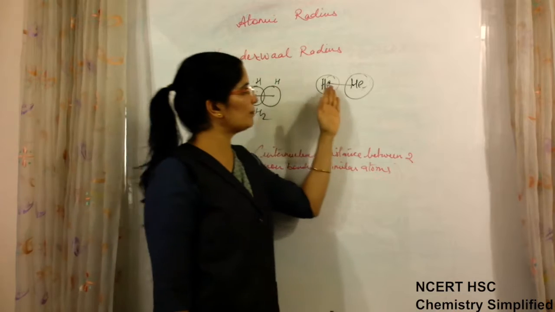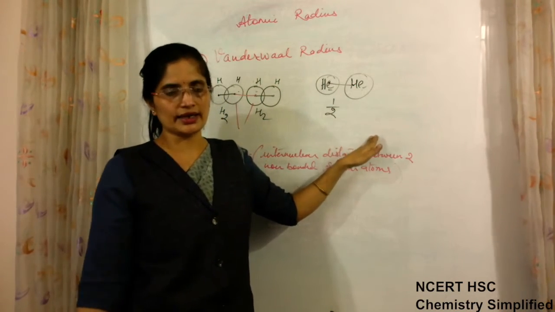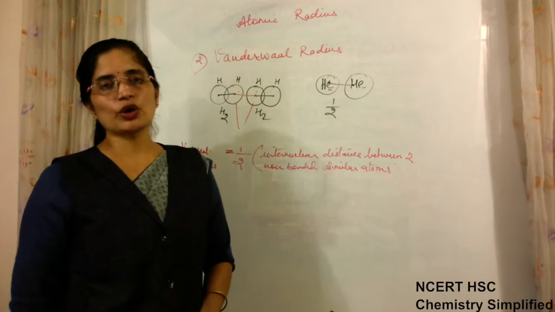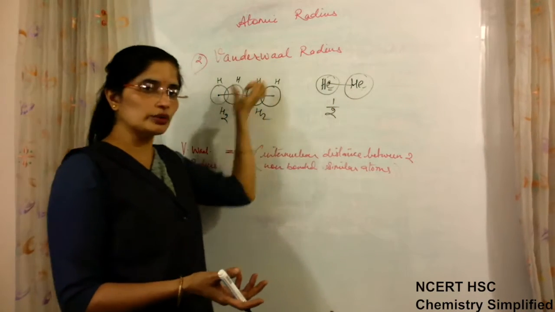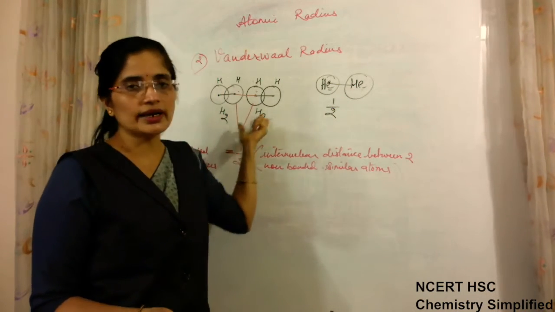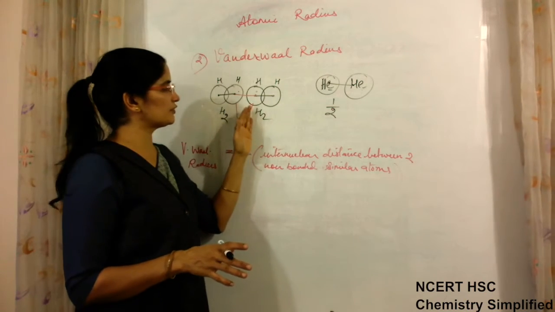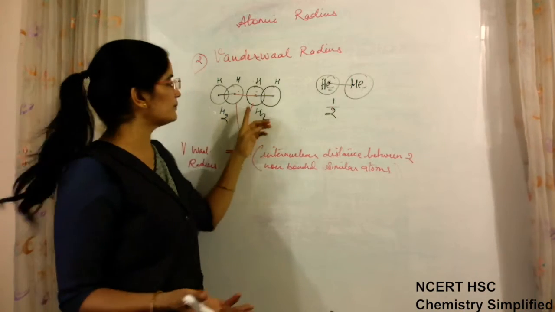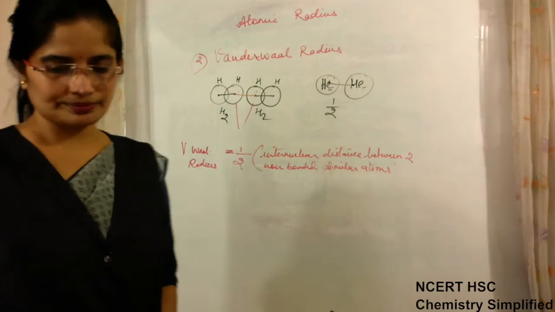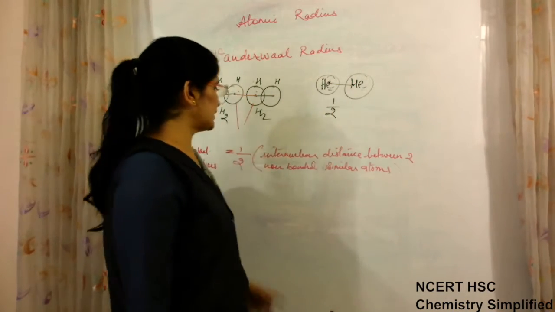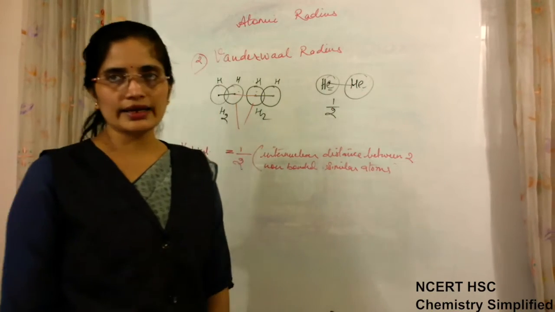Only when we have to compare the radius of hydrogen to the radius of helium or any other inert gas. In that case, comparison will always be done by the same parameter. If we are taking the van der Waals radius of this, we will also have to take the van der Waals radius of this, so that we can compare both of them. Clear? For that purpose, we need its van der Waals radius. Otherwise, in normal condition, we will consider the covalent radius of the hydrogen atom. Okay? So this is van der Waals radius, half the internuclear distance between two non-bonded similar atoms.